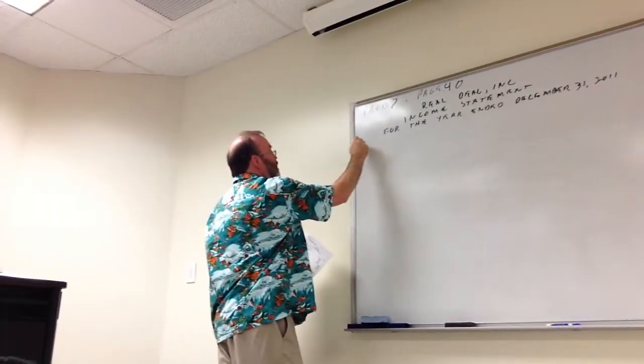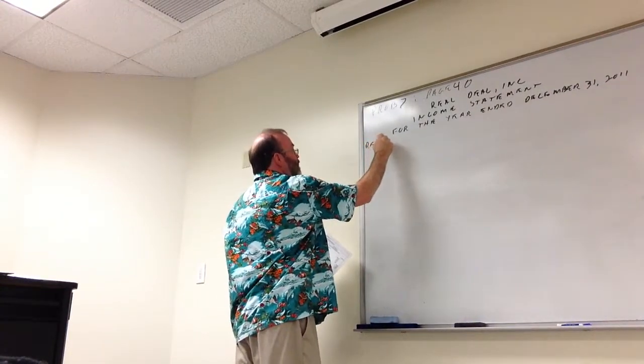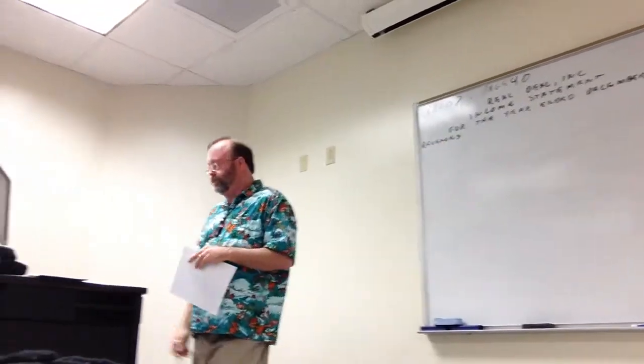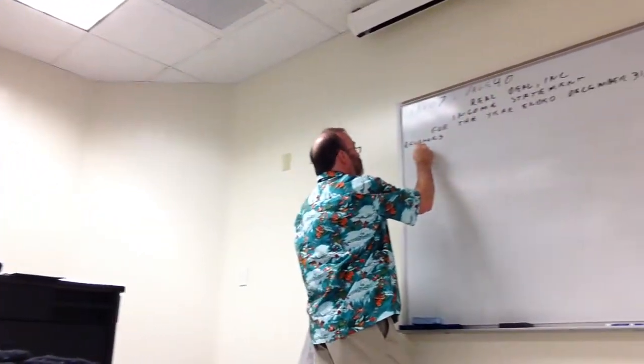Revenues. So when you're looking down that little alphabetical listing, you'll only find one account that ends in revenue. And in this case, it's commission sales.